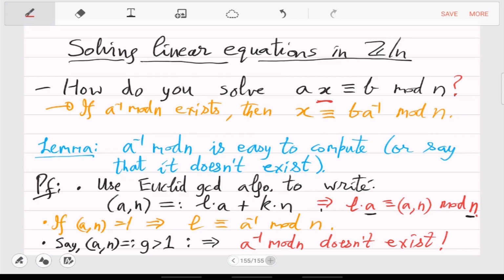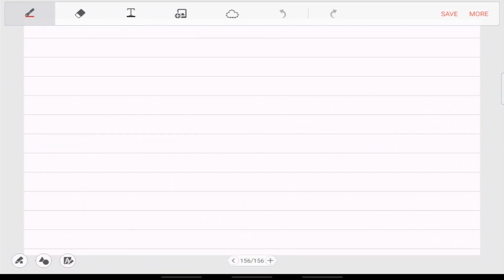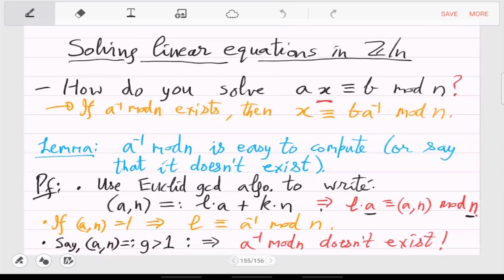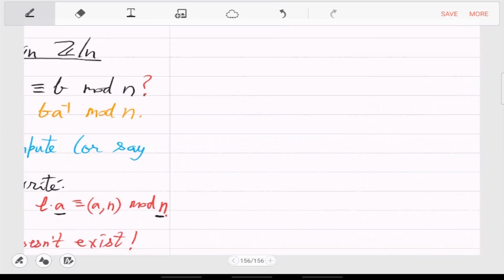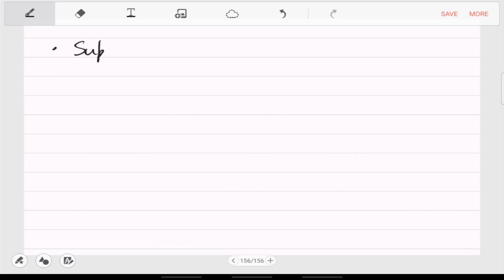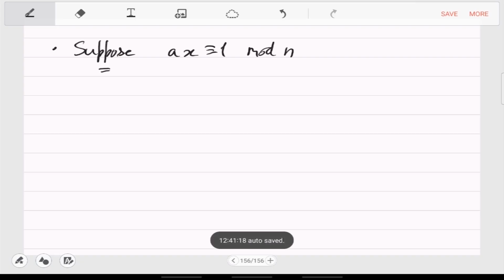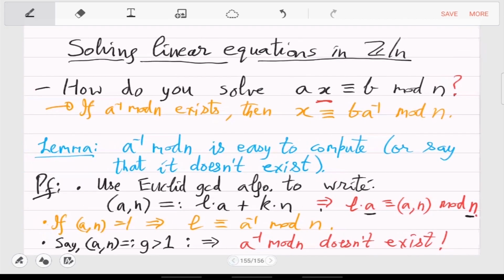But now we can write it down just for surety. So suppose it exists. Suppose Ax is 1 mod n, then what happens? How do you use x somewhere here in these equations to get a contradiction?